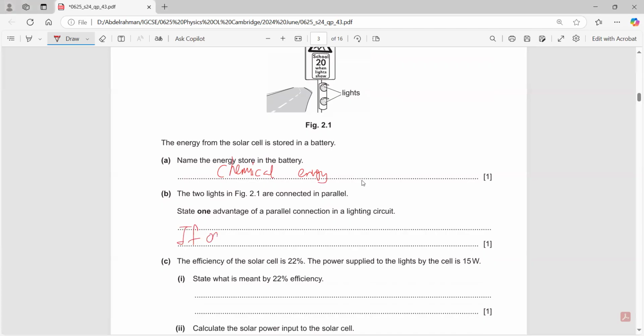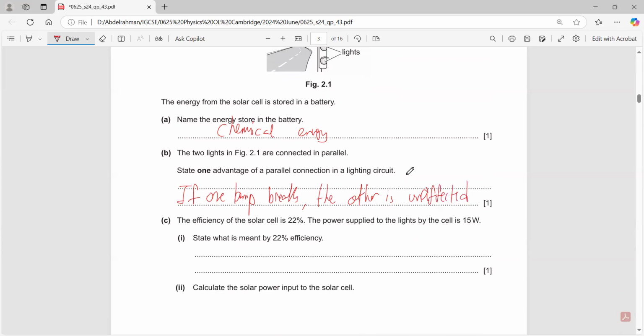If one lamp breaks, the other is unaffected. The efficiency of the solar cell is 22%. The power supplied to the lights is 15 watts. State what is meant by 22% efficiency.